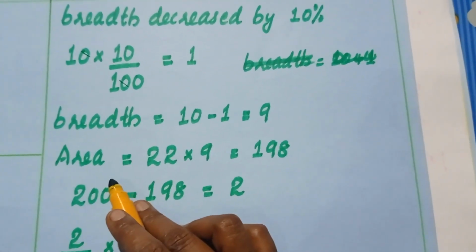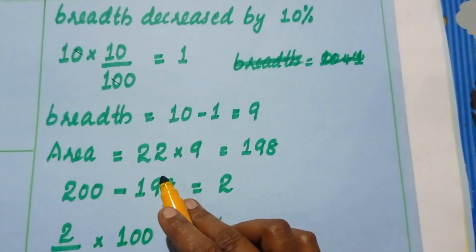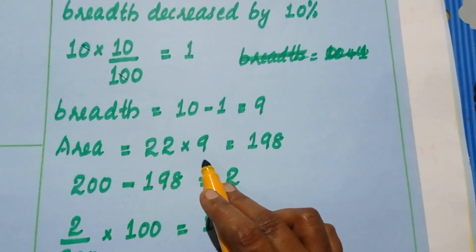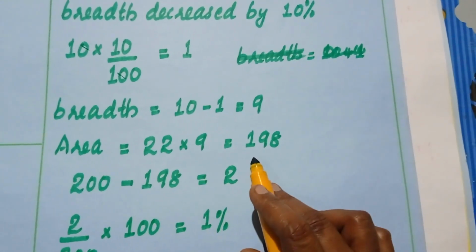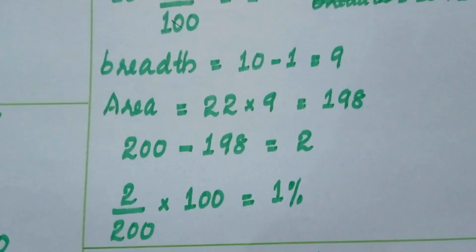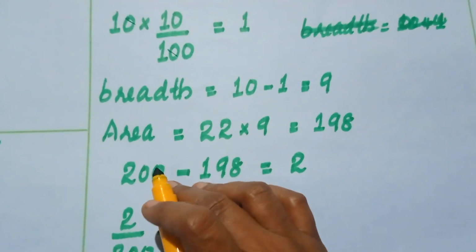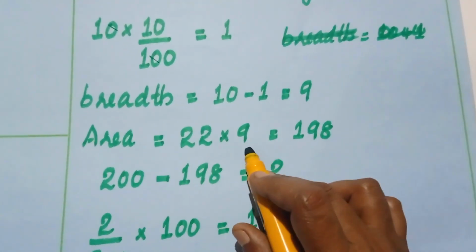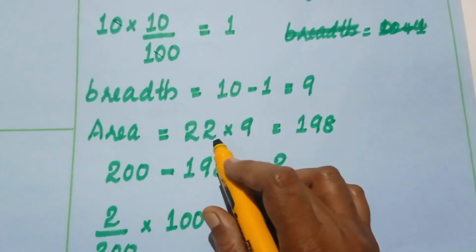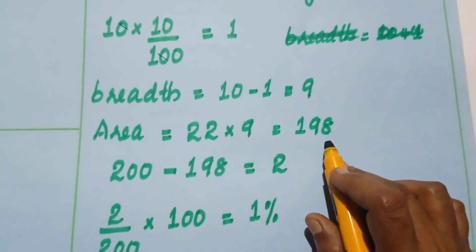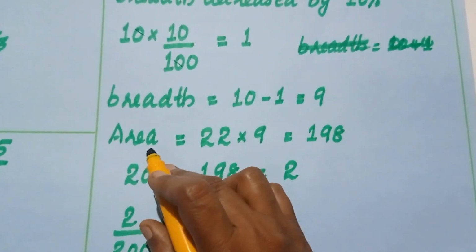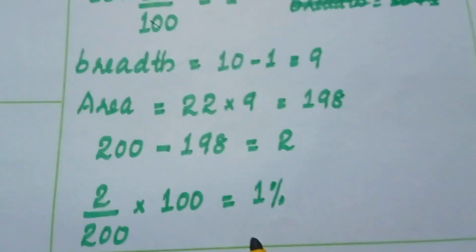Then area is equal to length into breadth. Length 22 into breadth 9 is equal to 198. Area is equal to length into breadth. Length 22 and breadth 9. 22 into 9, 198 square centimeter is the area of the rectangle.